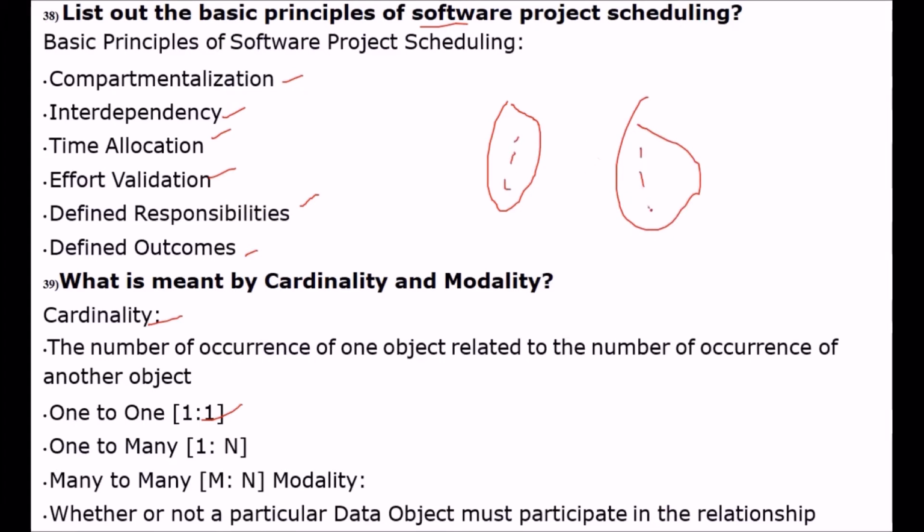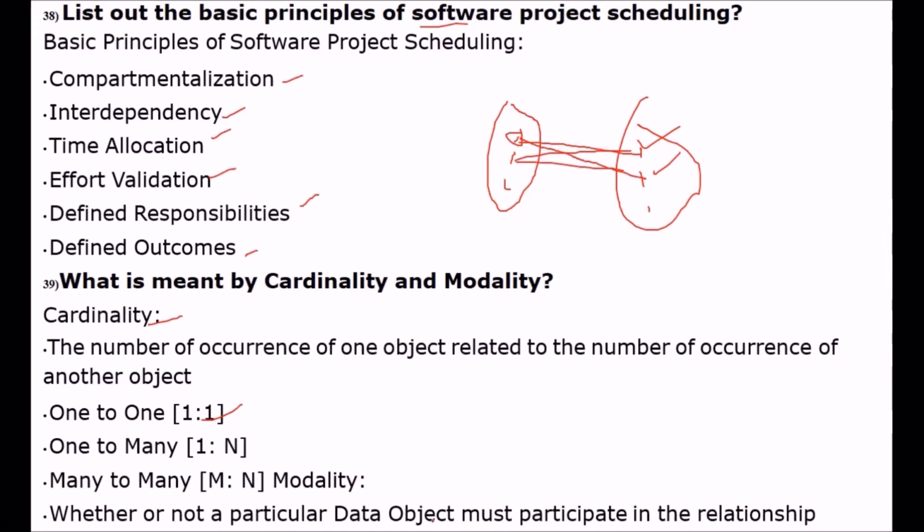These are various objects. If one object is related to another, we call it 1 to 1. If this object is related to this one and this one, we call it 1 to many. This is 1 to n cardinality. And if you combine this also, this will be many to many.